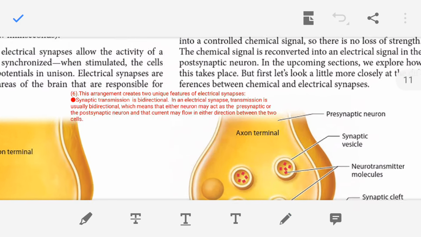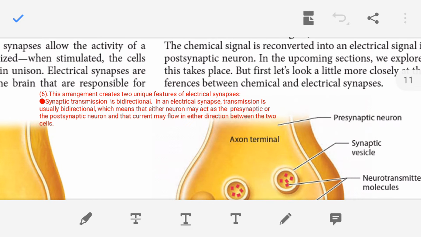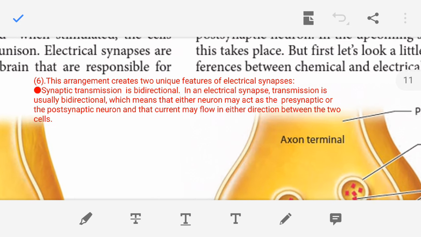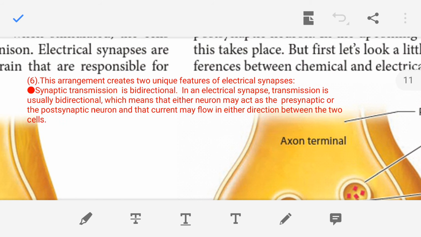That's why the term bidirectional is used for electrical synapses, because the current or the nerve impulse can propagate in both directions.